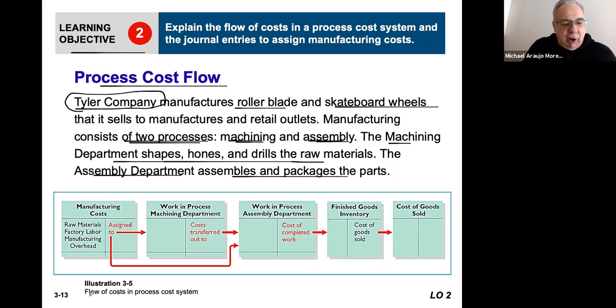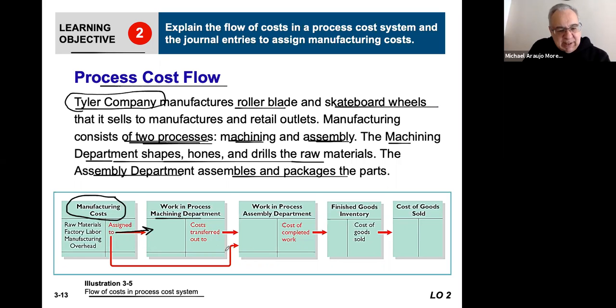So look at the flow. Look at the bottom here, this illustration. We are all starting at the same point. We have our manufacturing costs in terms of raw materials, factory labor, and overhead already determined here. Since we actually have two different processes going on in two different departments, we are going to assign the appropriate materials, labor, and overhead to the machining department.